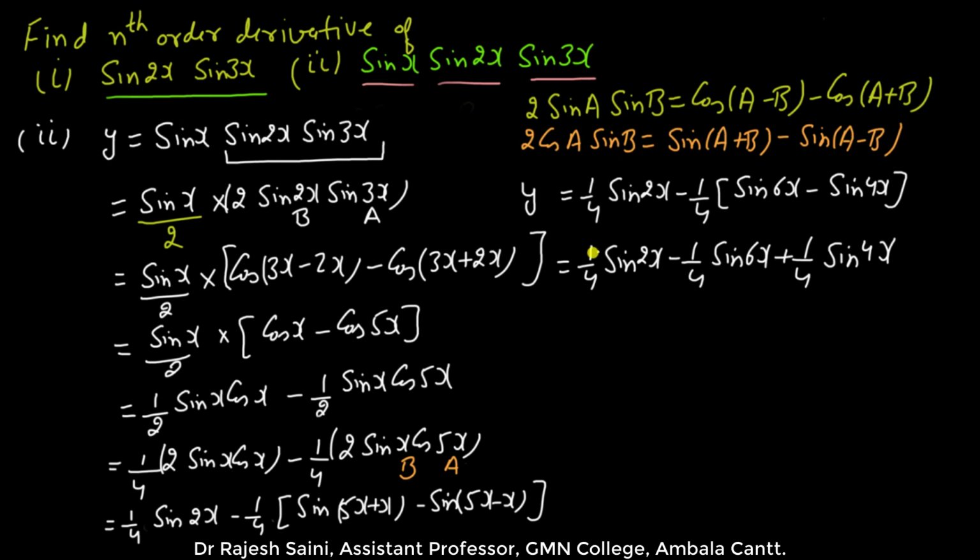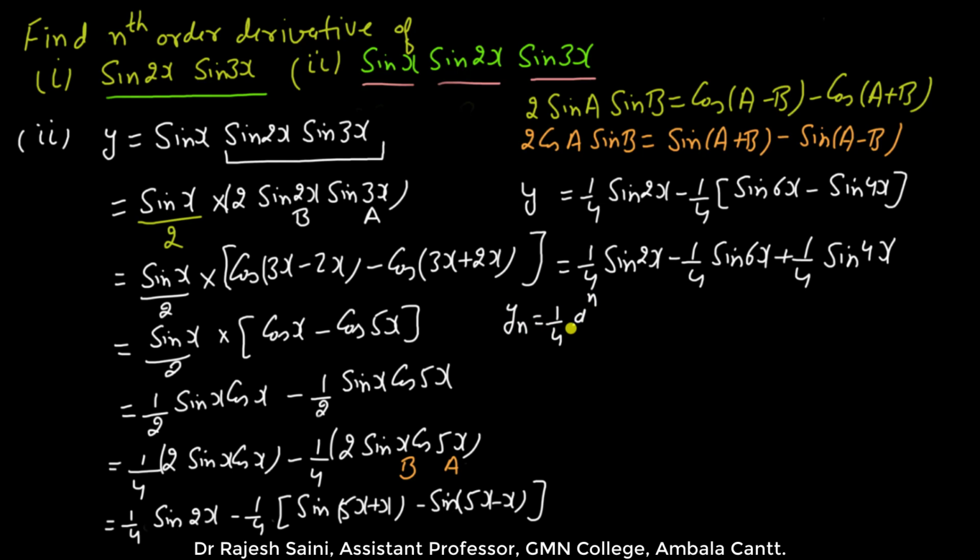So now this is in the form of a sum and difference of trigonometric sine functions. It only has power 1, not a square, not a cube. So this is the elementary sine function with degree 1. So now we will be writing their nth order derivative. You know yn will be 1 by 4 as such.